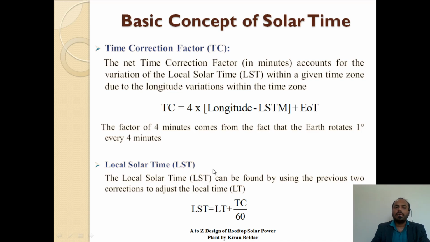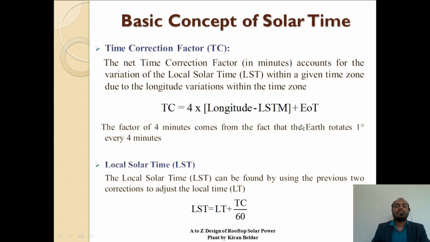Local solar time LST. The local solar time LST can be found by using the previous two corrections to adjust the local time. When we want to calculate the local solar time, there is a simple formula: the local time plus time correction factor upon 60. The local time is the time at which we are taking the measurement, plus the time correction factor.